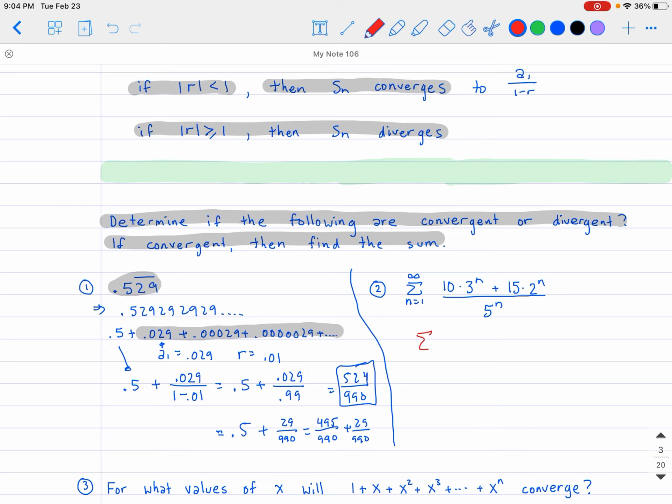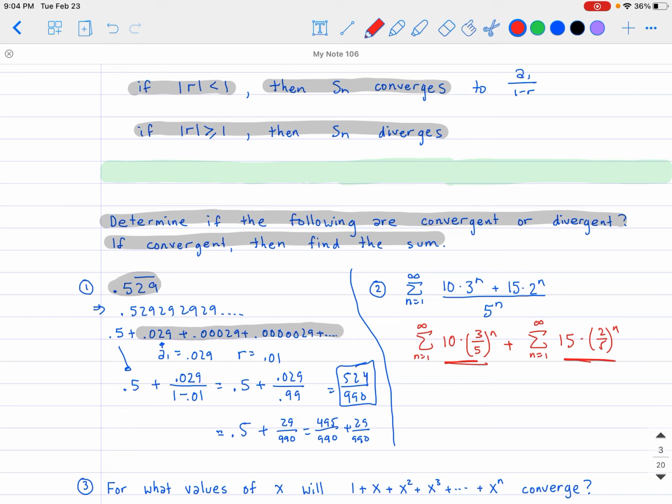So here, if I divide through, you're going to get the summation from 1 to infinity of 10 multiplied by (3/5)^n, and then plus, for the other part, the summation of n equals 1 to infinity of 15 multiplied by (2/5)^n. And I can do that because they're both raised to the nth power for each of the exponents. Well, there it is. That is going to be the geometric series for each one of these. And now we can see what's going to happen.